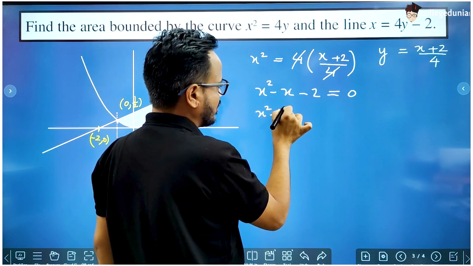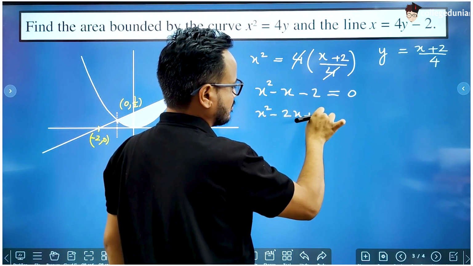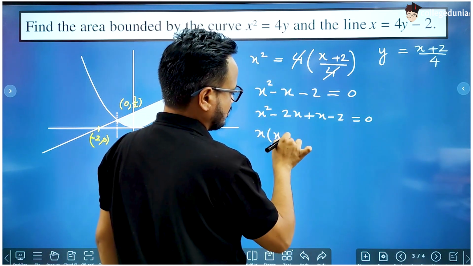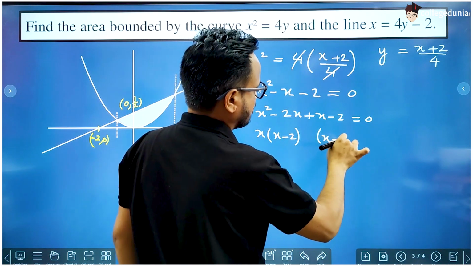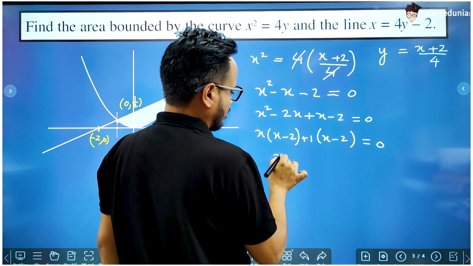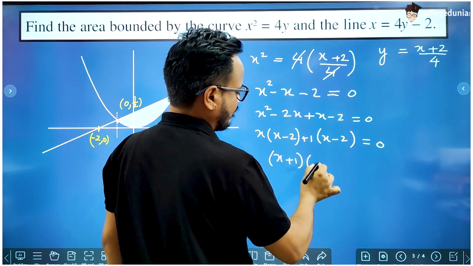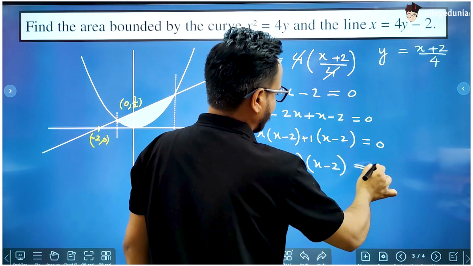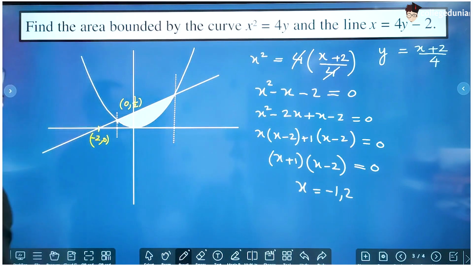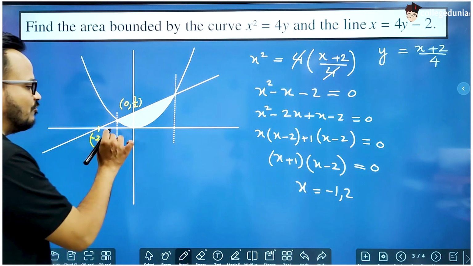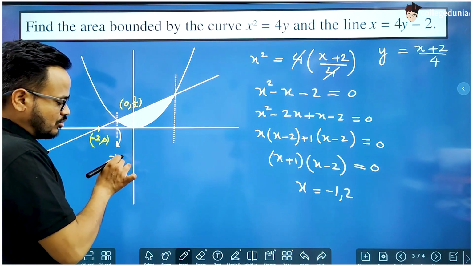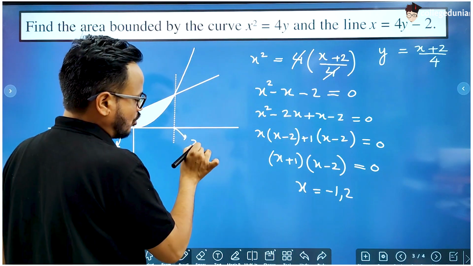Let's solve this quadratic equation by splitting the middle term. So the value of x comes out to be -1 and 2, and obviously the -1 value is this. So this point is -1 comma 0 and this point is 2 comma 0.